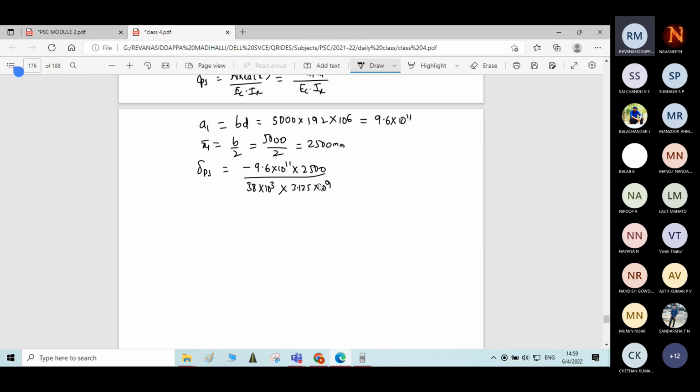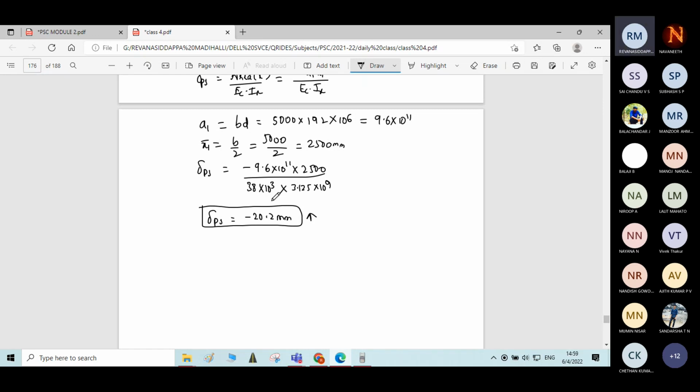Okay. So if you calculate, you'll get the deflection due to prestress as minus 20.2 millimeter. Negative sign indicates what? Deflection is in upward direction.